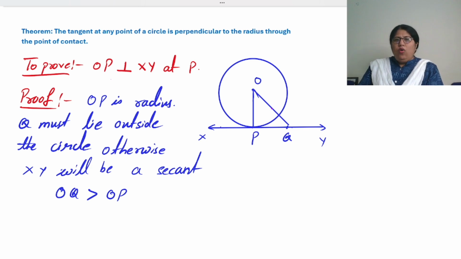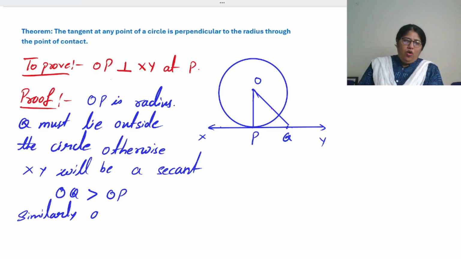Similarly, if I take all the points on XY, OQ is greater than OP. For any point on this line, the distance from O is going to be greater than OP.